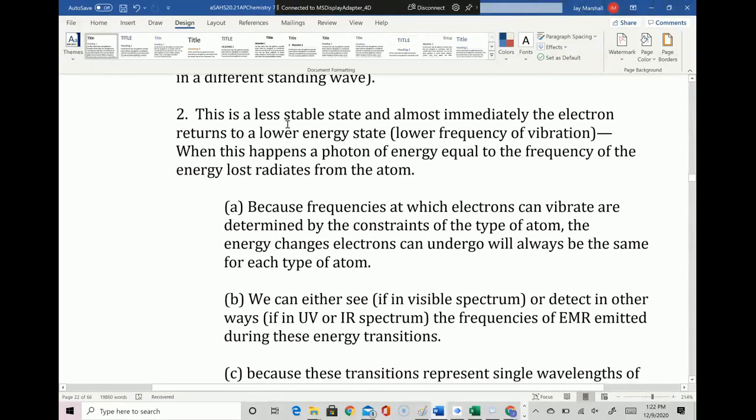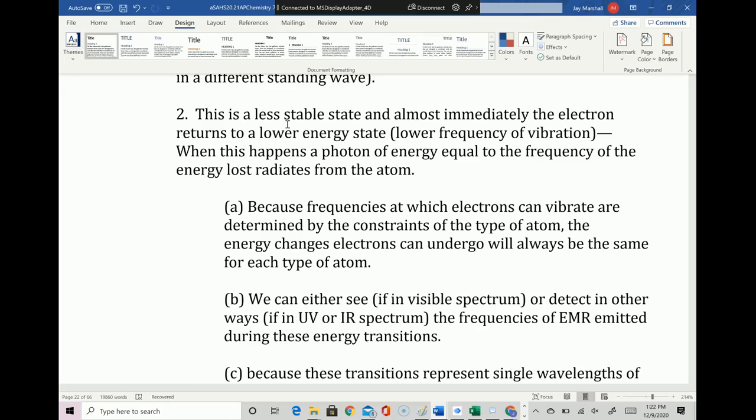Okay, so if I go to this higher energy level, that takes more energy to maintain, so it's a less stable state, and the electron will return to a lower energy level. And when this happens, a photon of energy equal to the frequency of the energy lost radiates from the atom. Because frequencies at which electrons can vibrate are determined by the constraints of the type of atom. Remember, each atom has a different number of protons, a different number of neutrons, a different number of electrons.